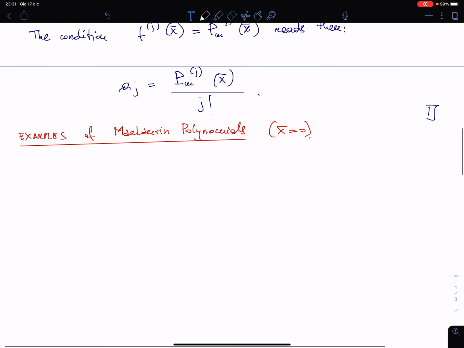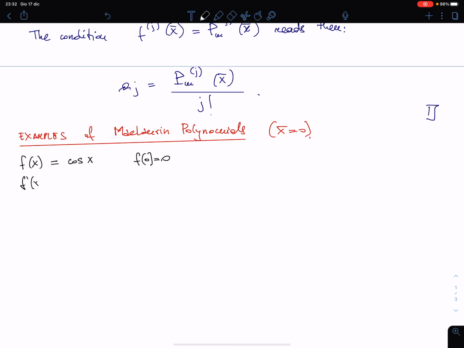So f of x is equal to the cosine of x. So f of 0 is equal to 1.